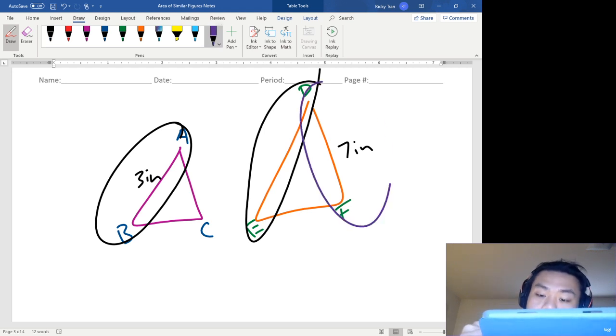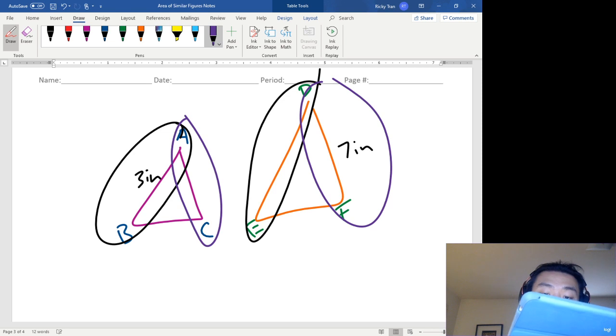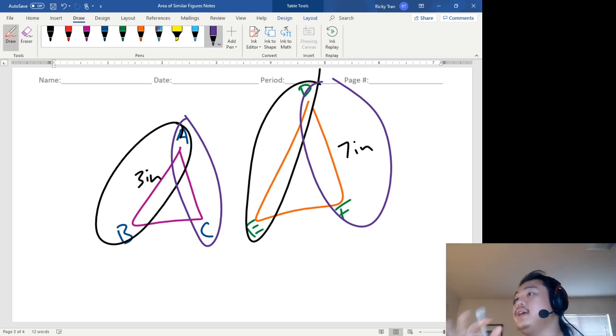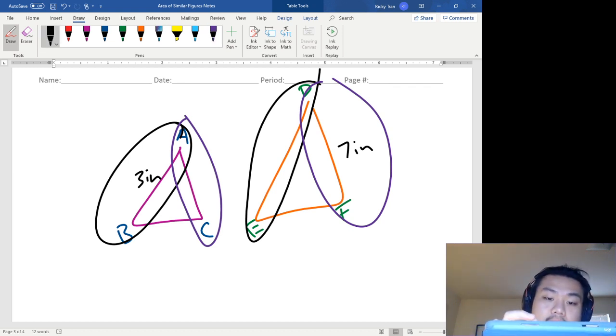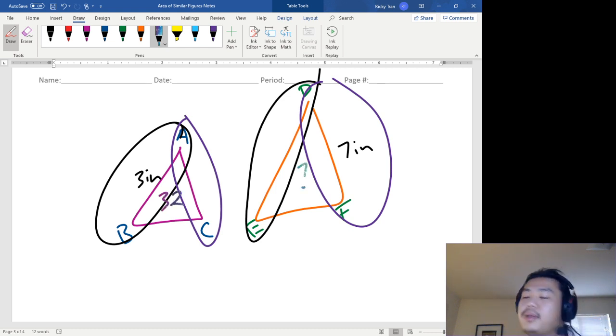If this is all you're given, you can't determine what the area would be, because there's no direct correlation of scale factor. Even if this was, say, 32, and then this was question mark, you would not be able to figure it out because they have to be from the same sides.